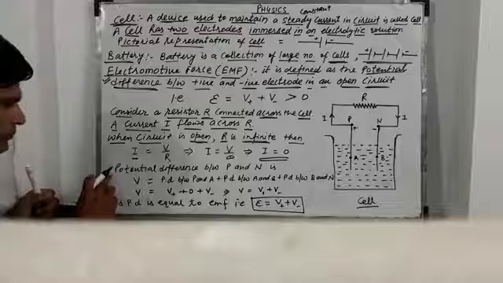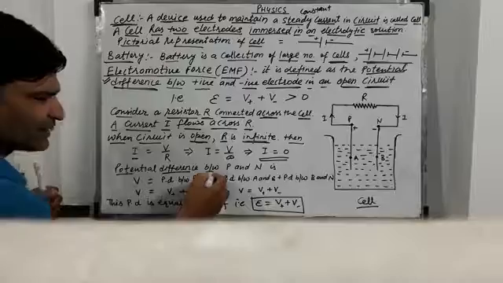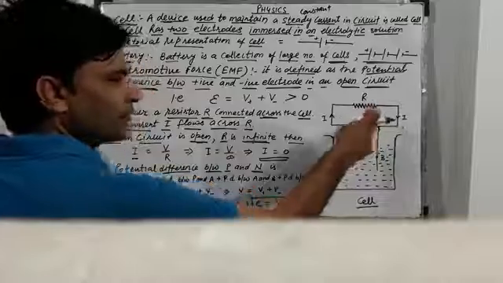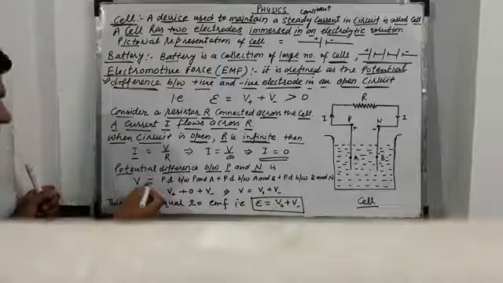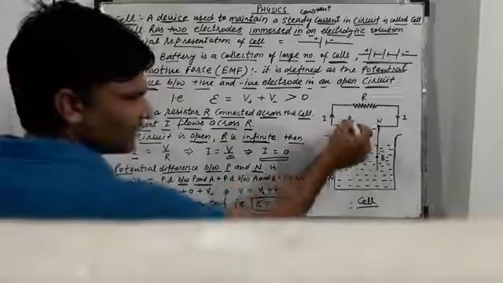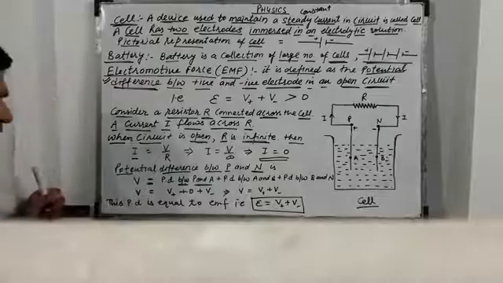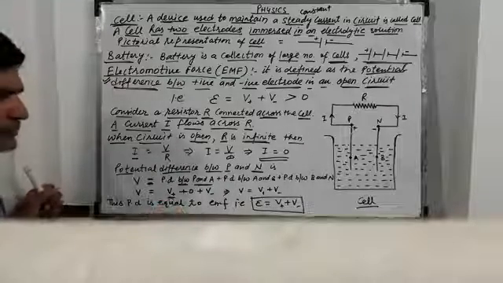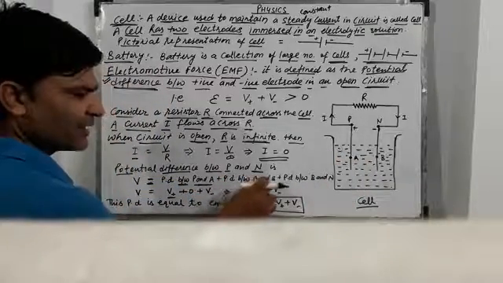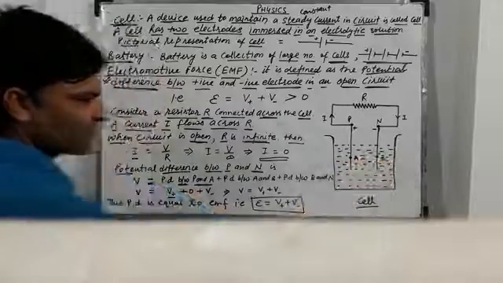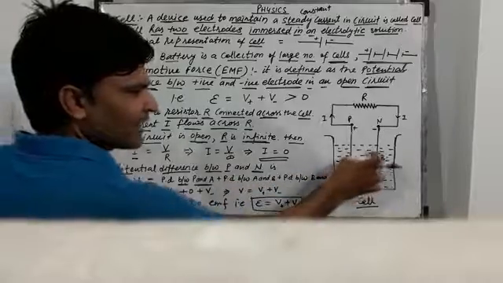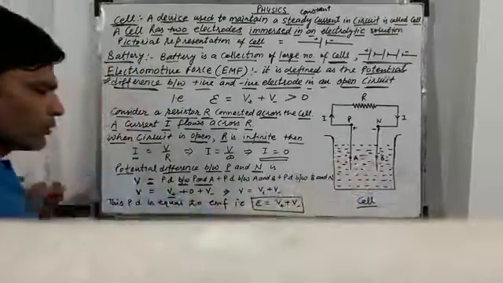Then the potential difference between P and N is V, that is equal to the potential difference between P and A, that is V plus, plus the potential difference between A and B. But no current is flowing between A and B because the circuit is open.